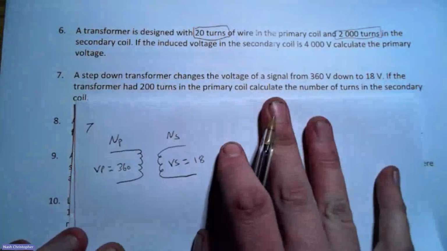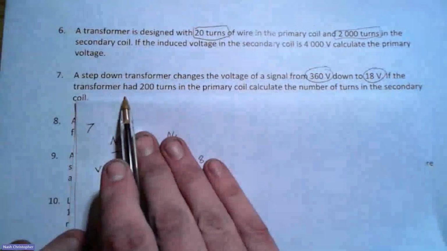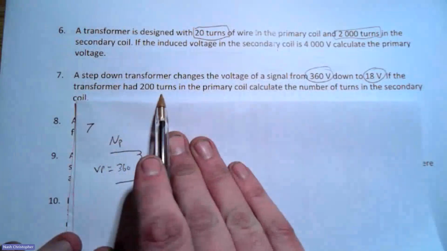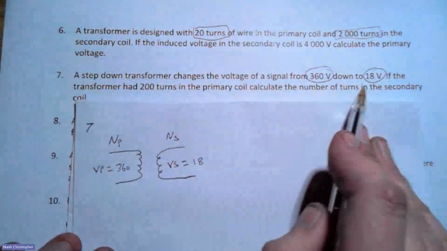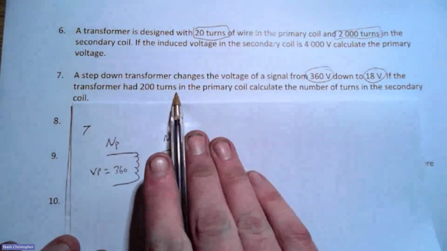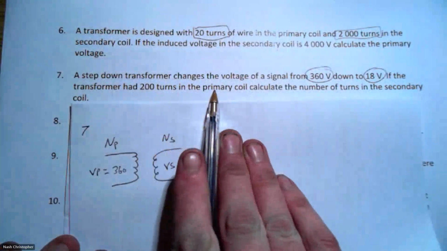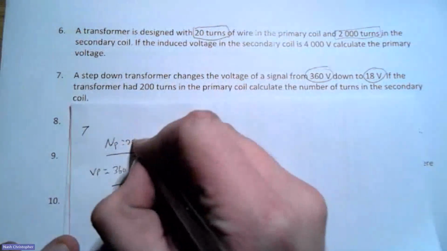So then the next part of it, so we've covered those two. If the transformer had 200 turns in the primary coil, calculate the number of turns in the secondary coil. So N is the number of turns, primary coil. So we know that Np is 200.